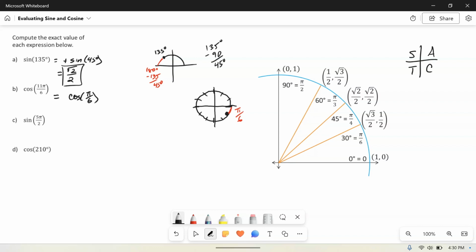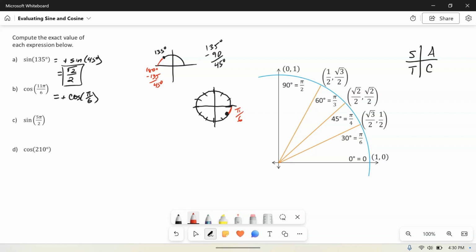So what do we know about cosine in the fourth quadrant? Well, we already said just a minute ago that cosine is positive in the fourth quadrant. Okay, so this will in fact be a positive value. We just need to compute cosine of pi over 6.